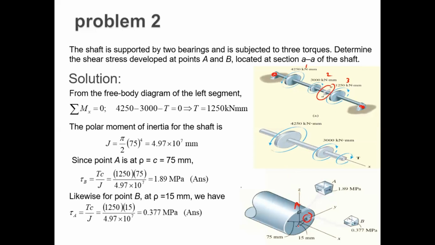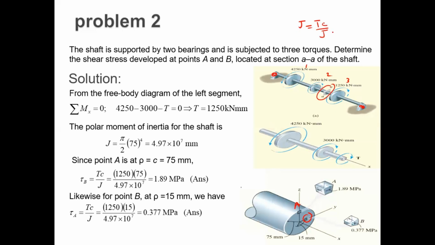Okay. So for that circular shaft, the radius of the shaft is 75 mm. So we can calculate polar moment of inertia from this 75. But at point B, the C will be 15 mm. So we will calculate C for point A and C for point B. To determine tau or shear stress, we have to have TC over J. This is our formula.